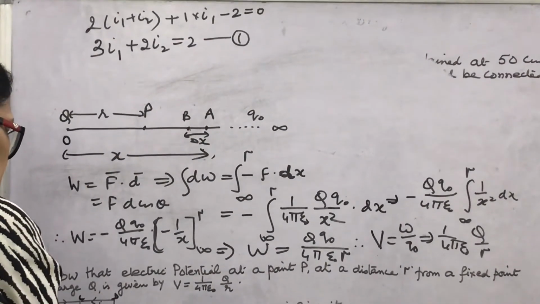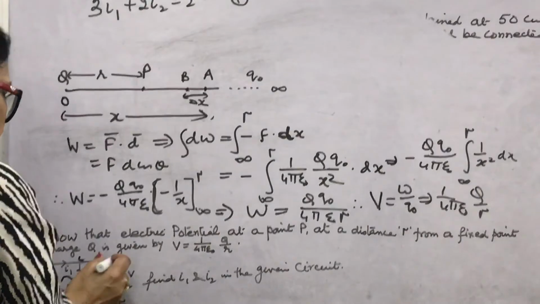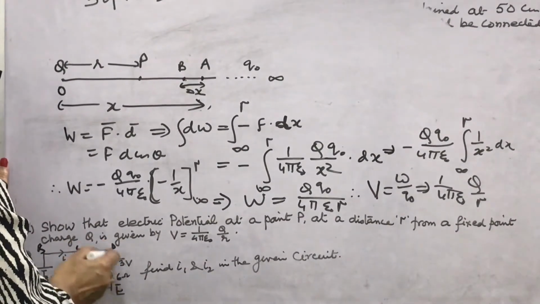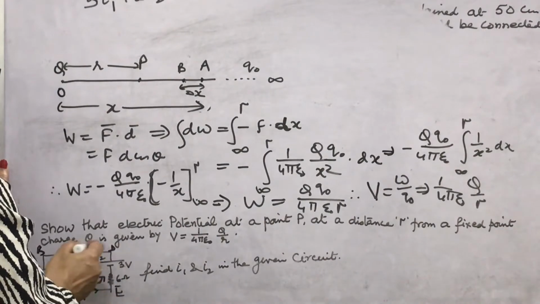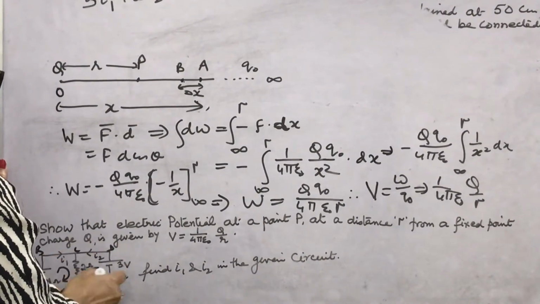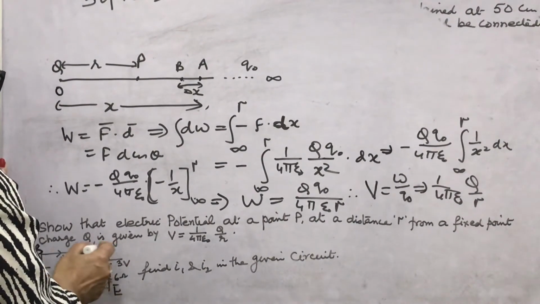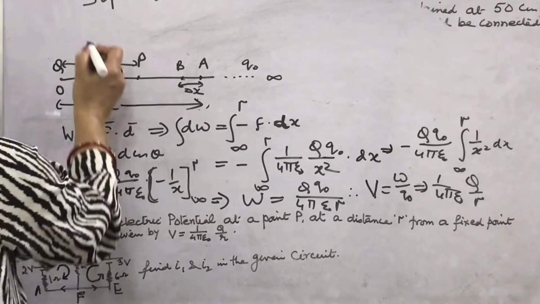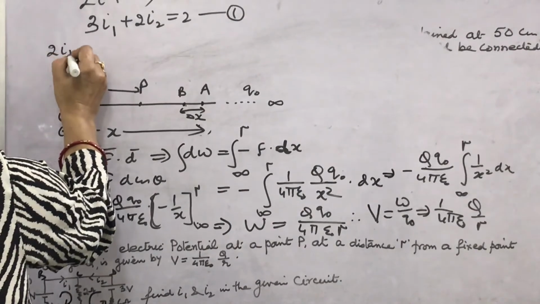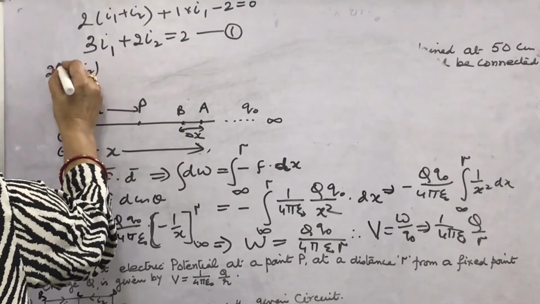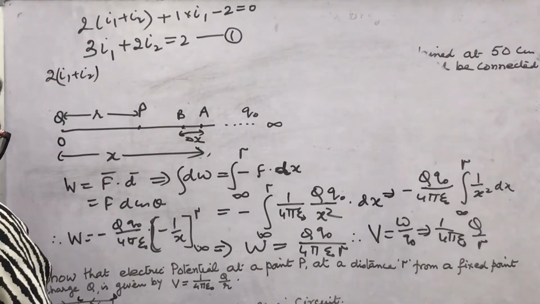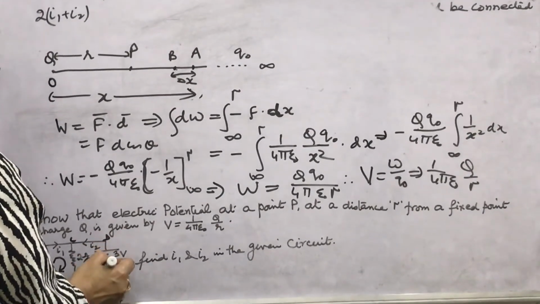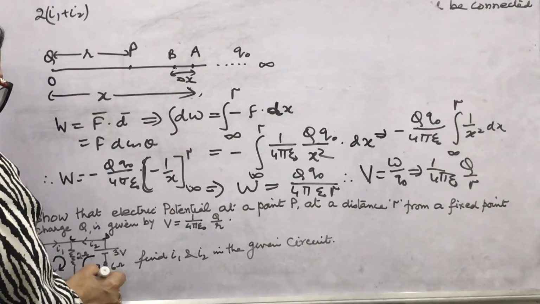Similarly, in this loop D, C, F, E, D, how will you write the expression for the loop rule? Here I2, there is no resistance. Here 2 into I1 plus I2 as usual. Again I2, and here you will find 6 ohm, which carries current I2.